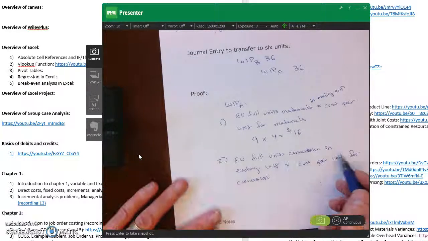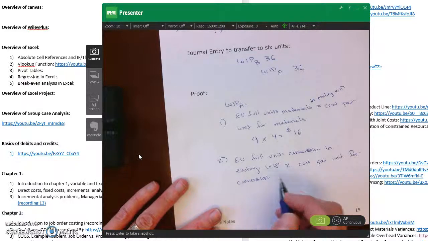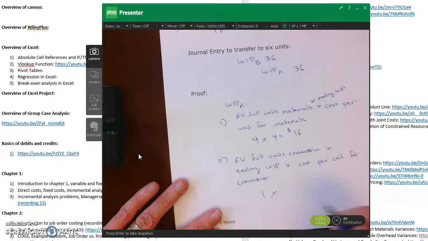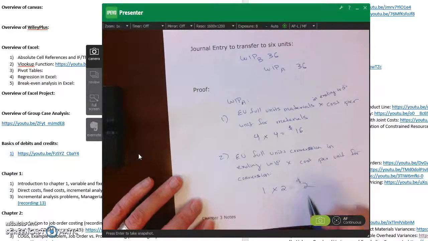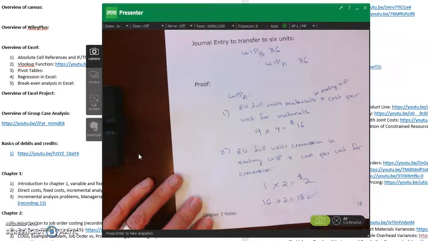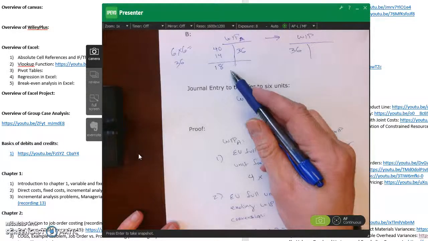So how many equivalent units do I have in ending WIP? Remember, I had 1 because I had 4 units, 25% complete. And the cost per unit with respect to conversion was 2. 16 plus 2 equals 18. Checks out. And that's where we got that 18.